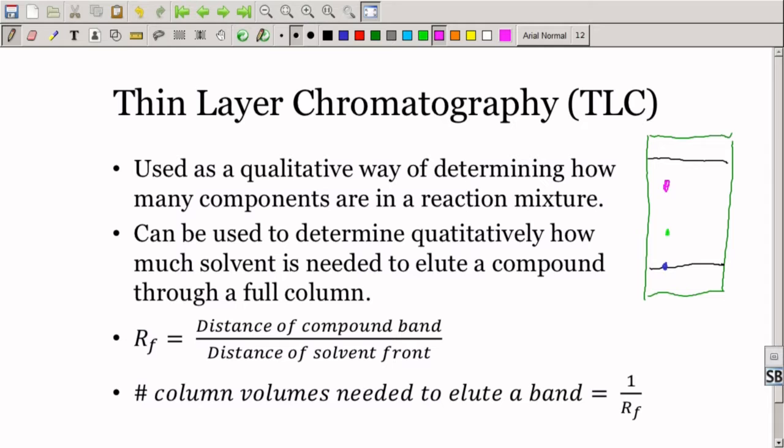It's a retention factor or something along those lines. And essentially what you do is you measure the distance that the solvent traveled, which would be here, versus the distance that the spot traveled. And you divide the distance that the spot traveled by the distance of the solvent front, and you get an RF value.